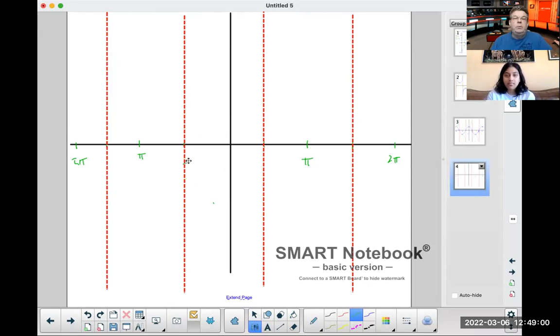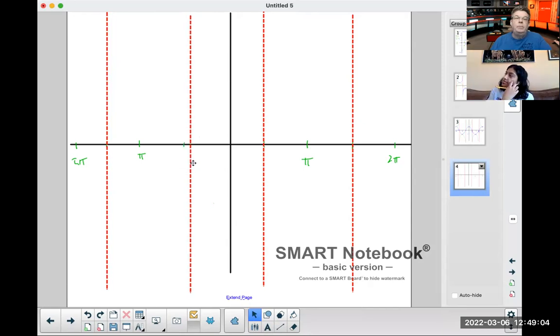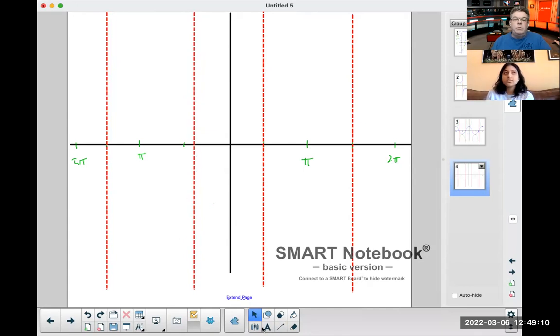The symmetry is terrible. And also 5 pi over 4. Wait, yeah, we do. 5 pi over 4 also.